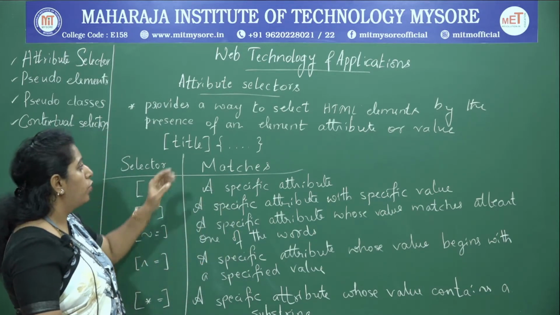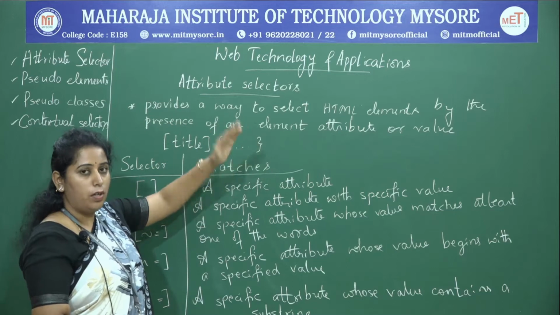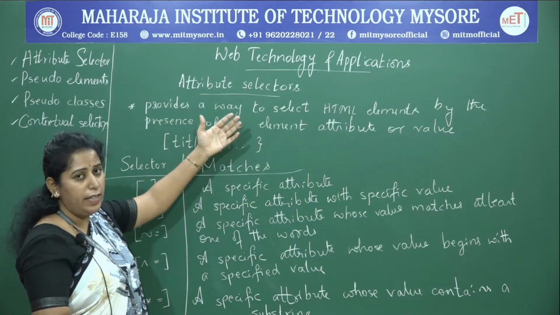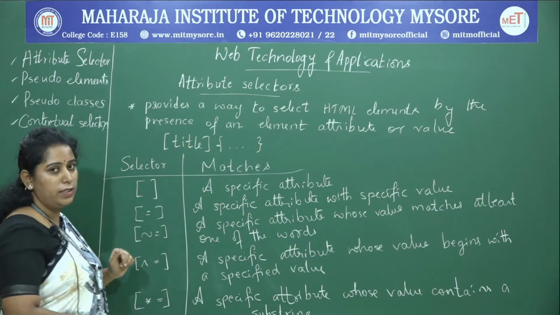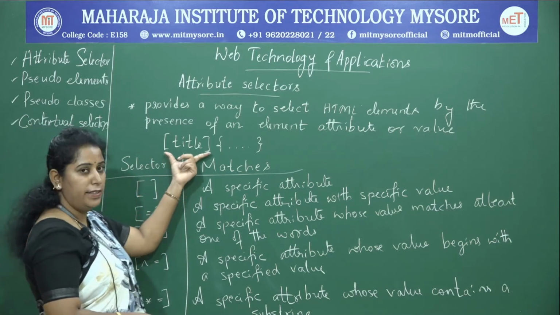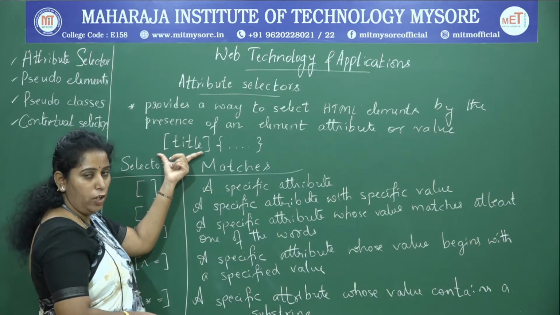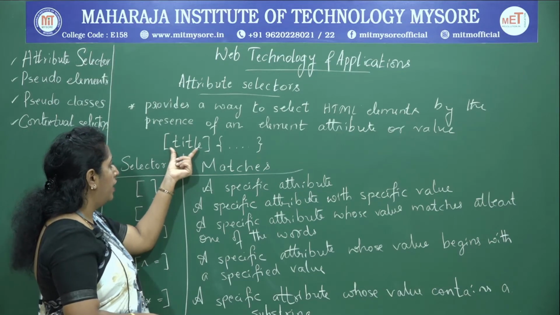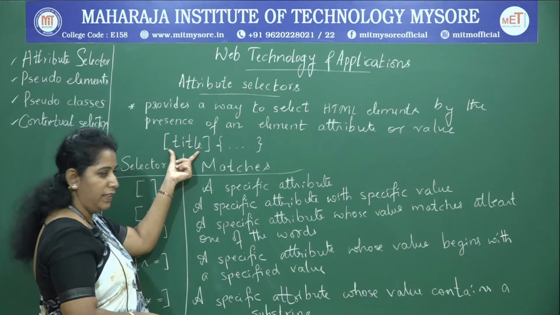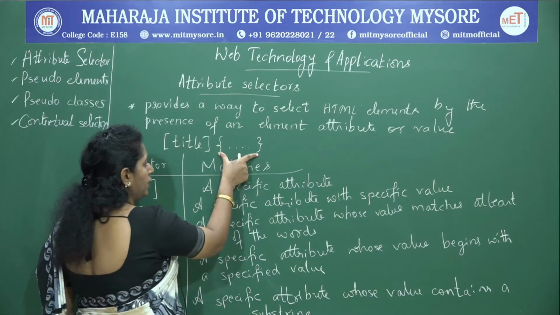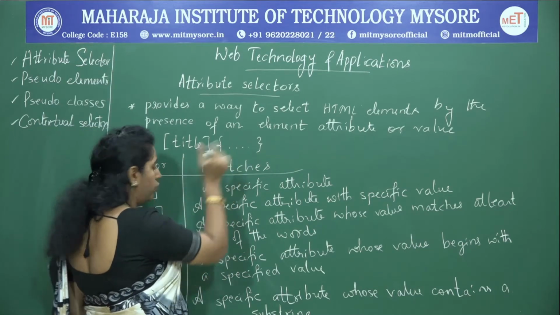Is it right? So using those attributes or values, we can select an HTML element. How is it achieved? What is the syntax? The syntax looks like this. We are supposed to give a pair of square brackets, and this represents a title, and this represents where you can give the style rules.